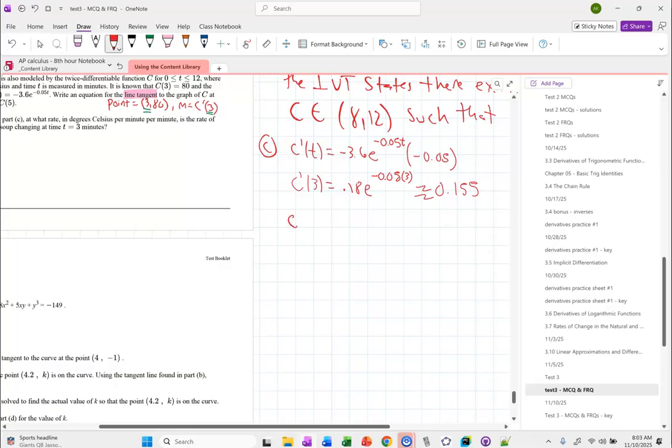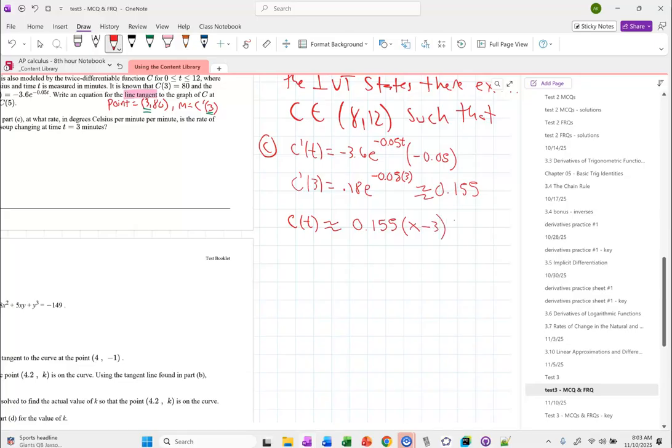And so then we could say that C of t is approximately slope times x minus 3 plus 80. Everybody okay? That's just this point slope formula with the y added to the other side, the y1.